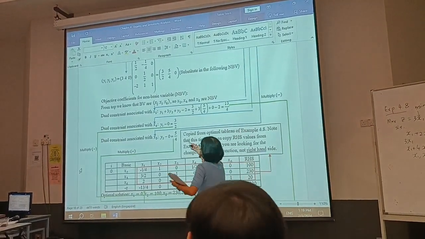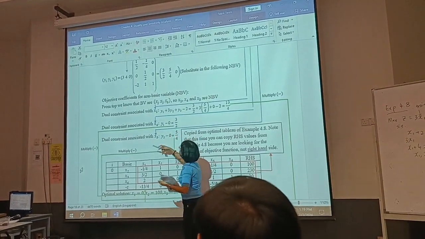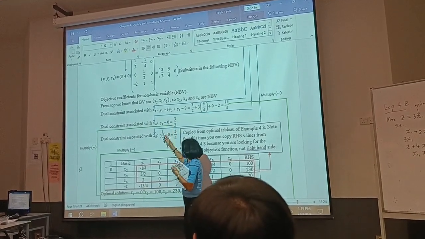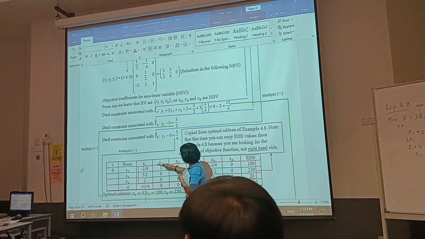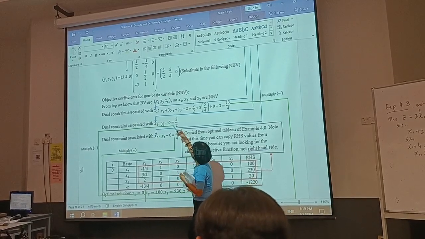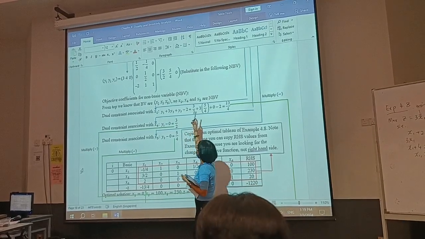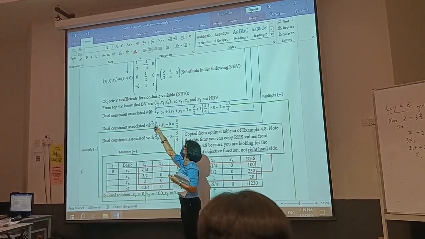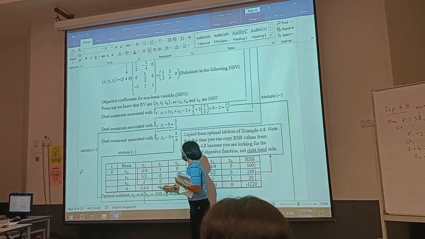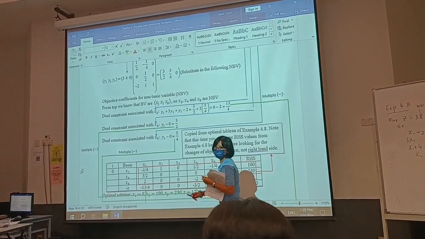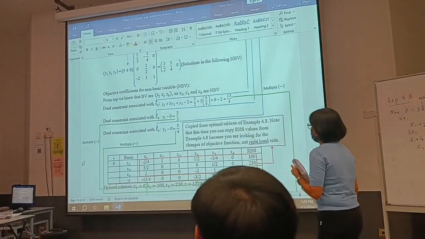Can we use the same method? Because when we find the z value for the non-basic variable, we also look for the dual constraint, right? So if you want to look for the dual constraint for x2, go up to the dual model, find the dual constraint for x2, then substitute in y1, y2, y3. You will see what the value is here. Give it a try. Give it a try for the x2 dual constraint.